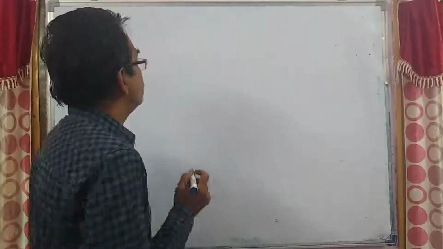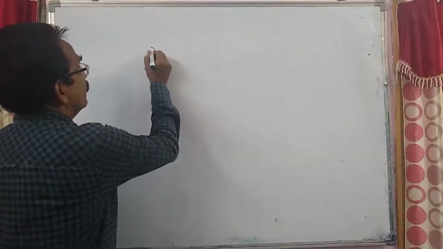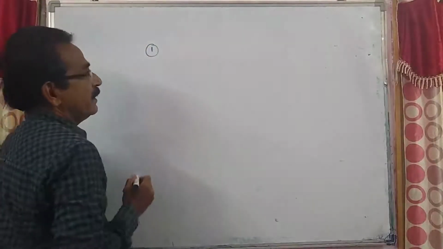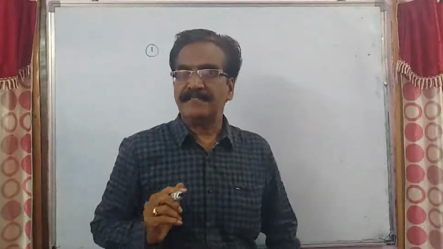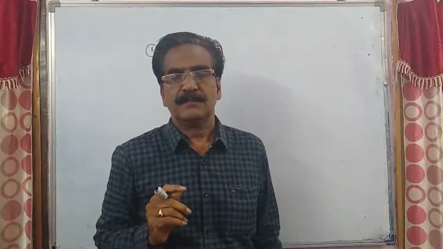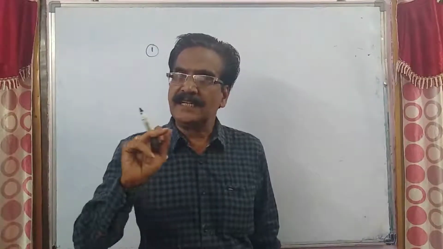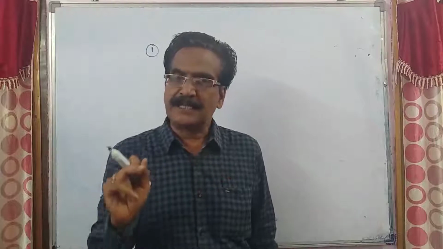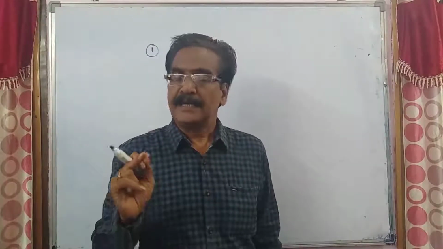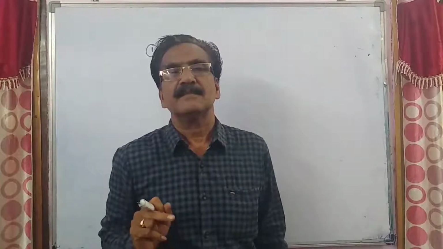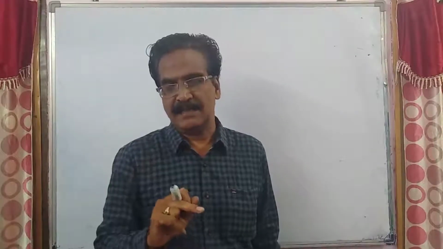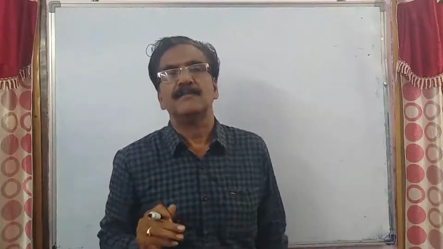See, in how many ways n different things or n different letters or n different persons can be arranged or can be permuted?